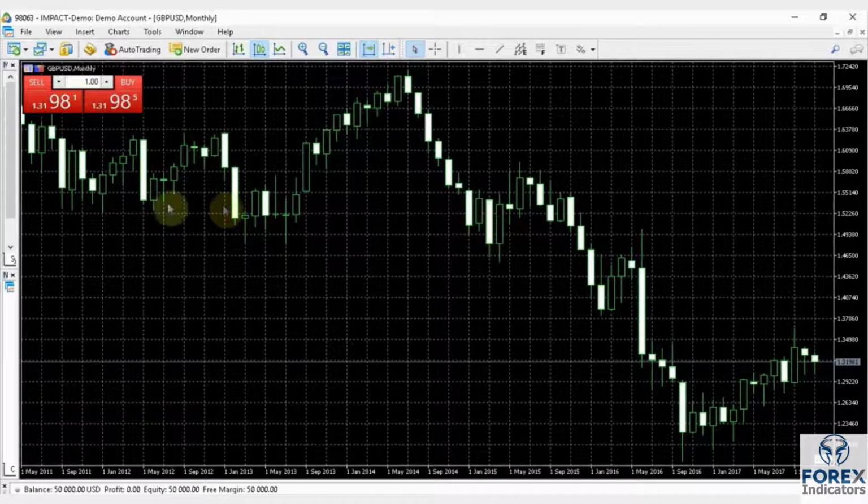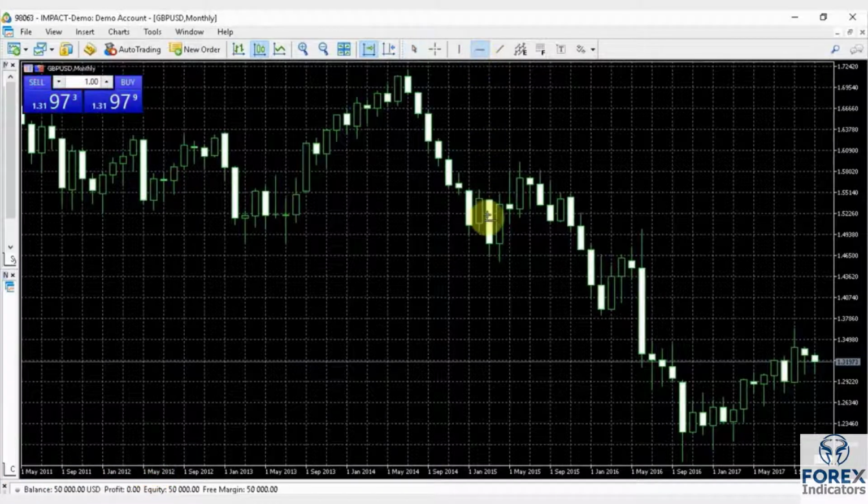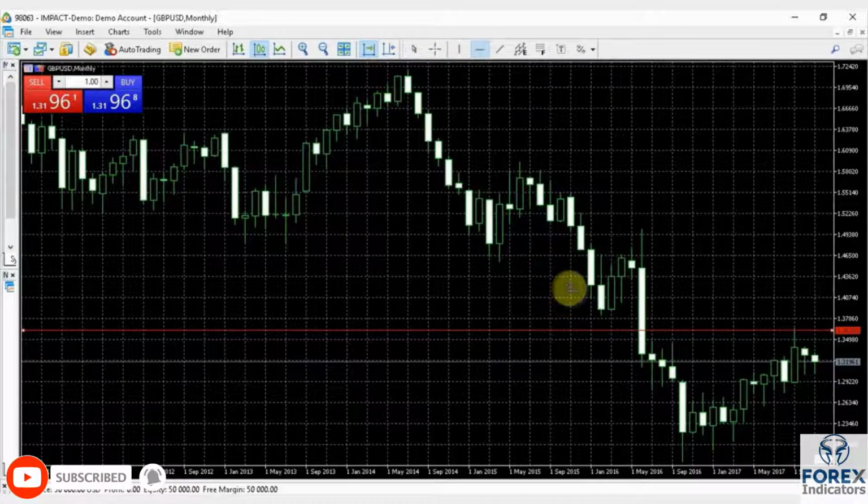So first things first, this is the GBP USD monthly, as you can see. What we're gonna do now is use this horizontal line here to draw a resistance. Since we're trading here, the topmost part is over here. That's our resistance right now, somewhere there, and the bottommost part is somewhere here.